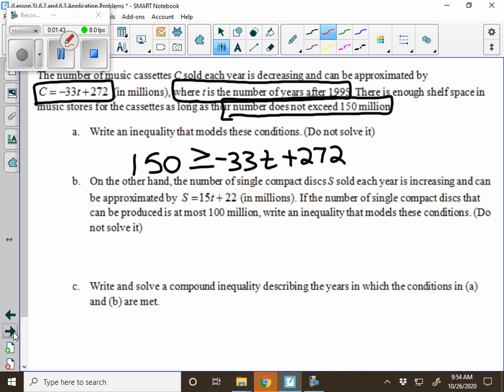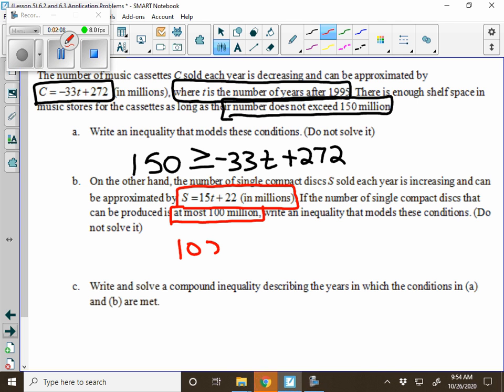On the other hand, the number of single compact disc CDs sold each year is increasing and can be approximated by this equation. The number of single compact discs that can be produced is at most 100 million. So once again, that's an upper bound, an upper limit, a maximum. At most, it's 100 million.